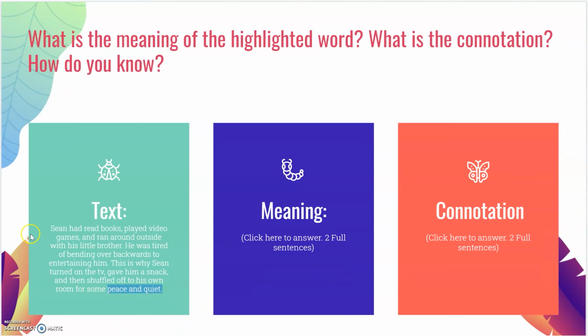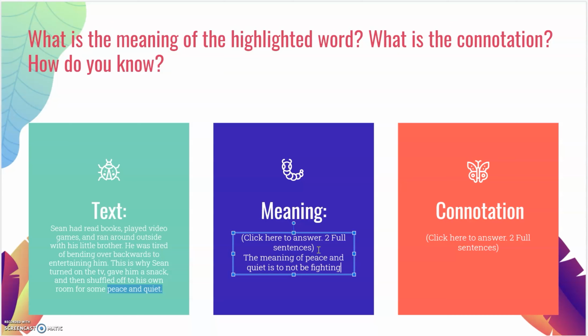Okay, so let's look at this one. Same thing. But now it's peace and quiet. This is why Sean turned on the TV, gave him a snack, and then shuffled off to his own room for some peace and quiet, right? So what's the meaning of that? The meaning of peace and quiet is to not be fighting, because that's what peace means, right?